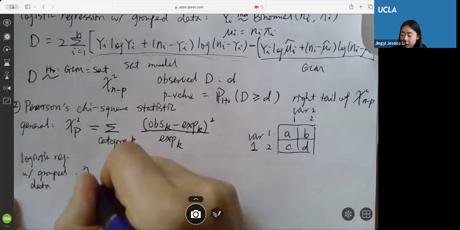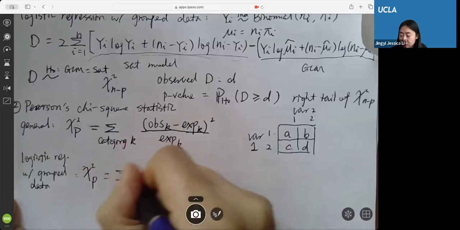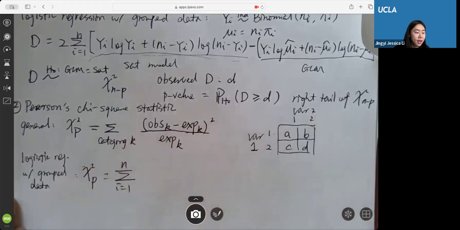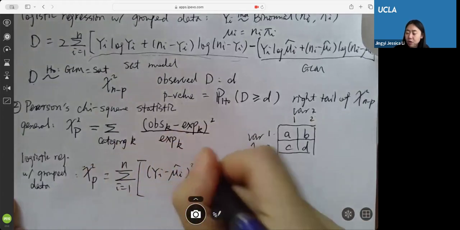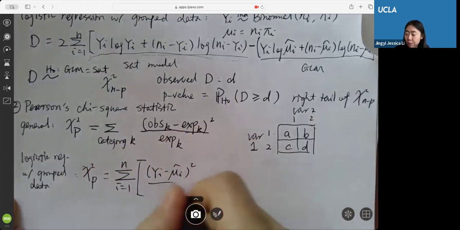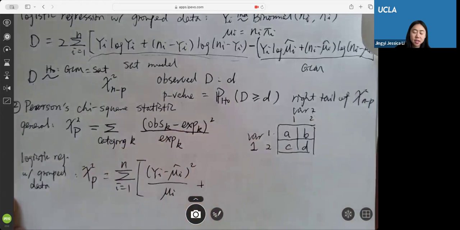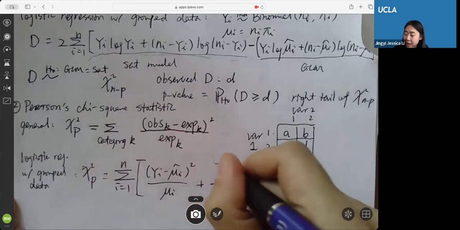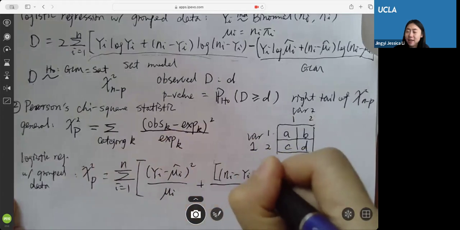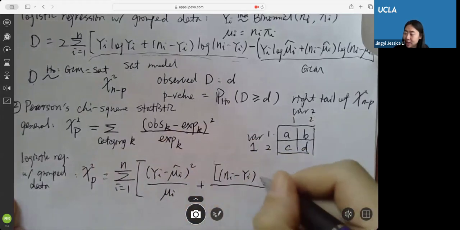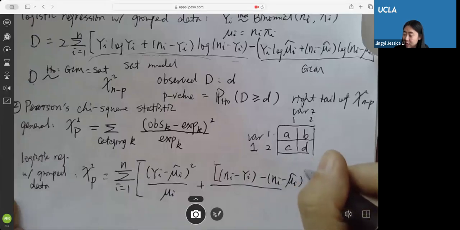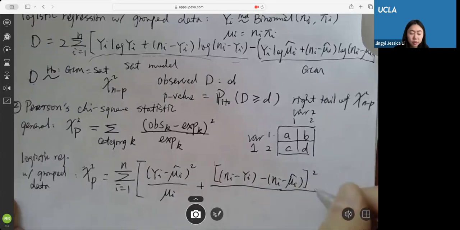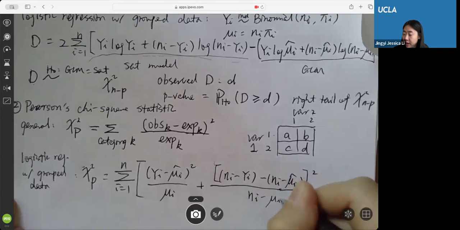For that, chi-square P can be written as a sum over my groups, i from 1 to n. In the group, I look at the number of ones: that's yi minus mu i hat, where mu i hat is the expected number of ones, squared, over mu i hat, plus the other side, which is Ni minus Yi, the number of zeros, minus (Ni minus mu i hat), squared, over Ni minus mu i hat.